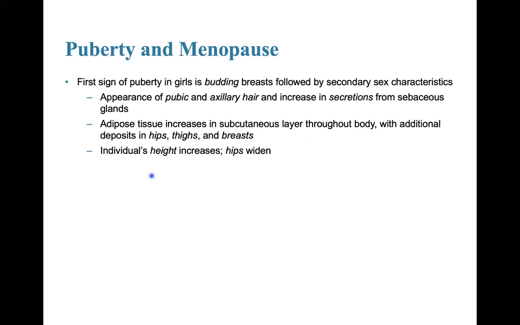The first sign of puberty in girls is budding breasts, followed by the other secondary sex characteristics: the appearance of pubic and axillary hair, and an increase in secretions from the sebaceous glands.